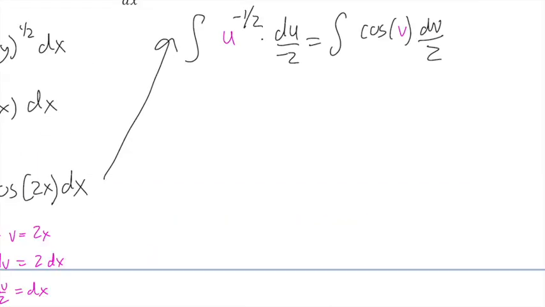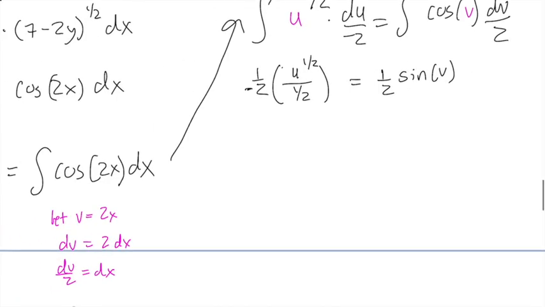Okay, so now to integrate, we're going to add 1 to this, and that's going to be positive 1/2 and then divide by 1/2. And then the integral of cosine is going to be sine. Now we do need to substitute back all of our u's and our v's. And I'm going to pull this out side.